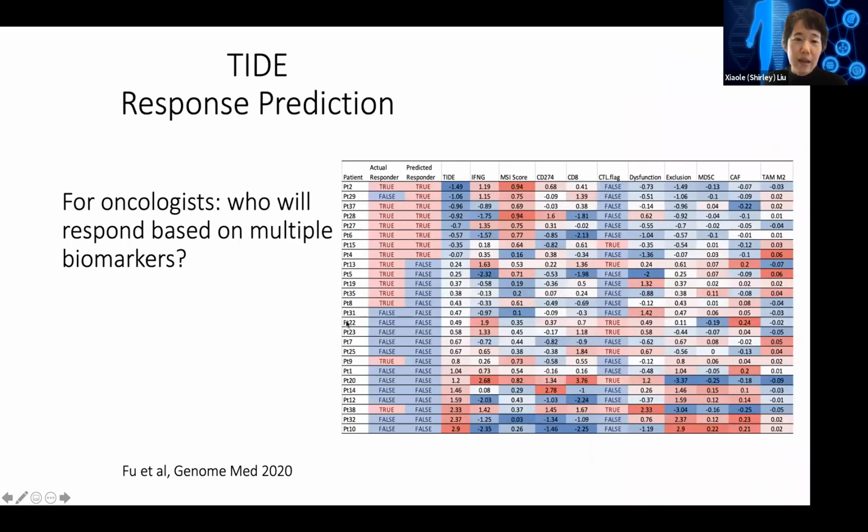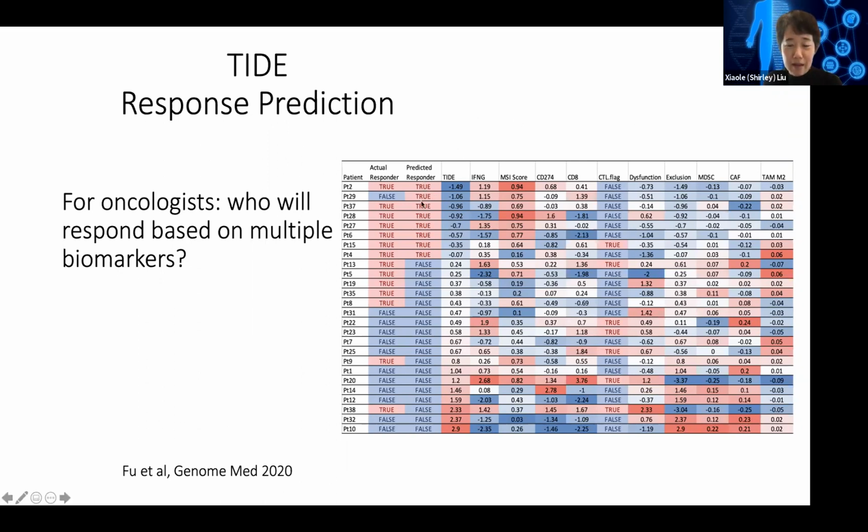Another is a response prediction algorithm. This is for oncologists. If you have many different patients, each with a pretreatment tumor RNA-seq, you can enter this here and use a number of these different biomarkers to make predictions. If every biomarker says that this patient is not going to respond, then they probably shouldn't be treated with immunotherapy.